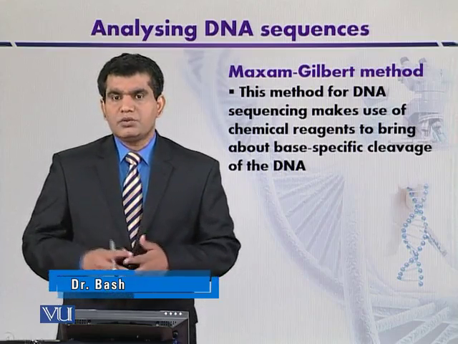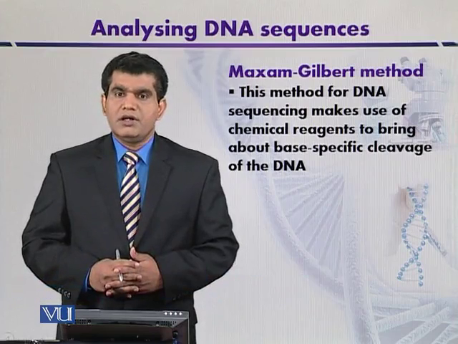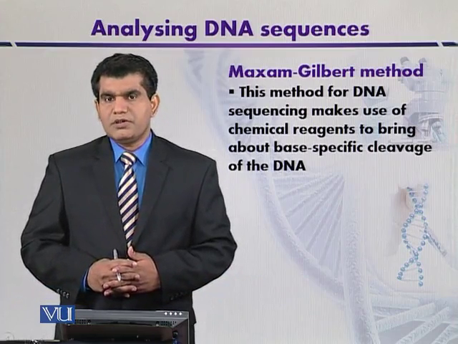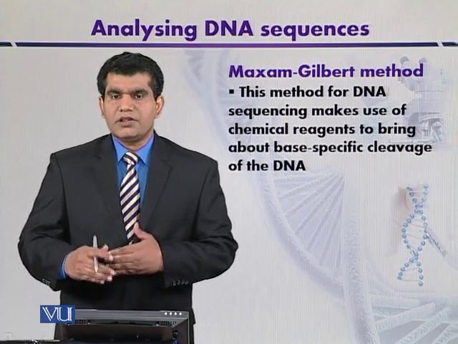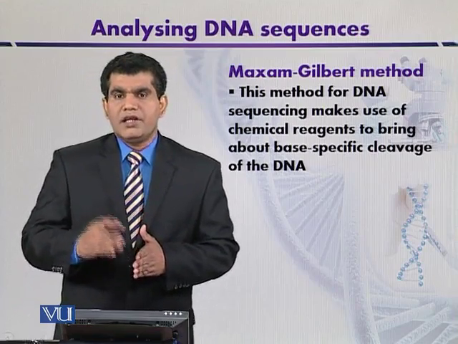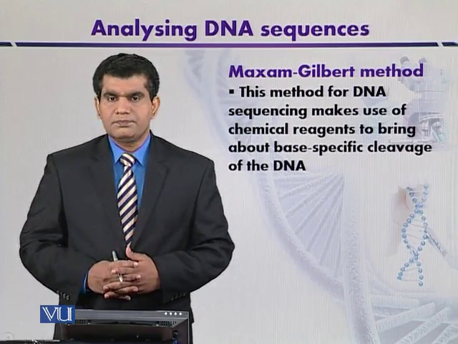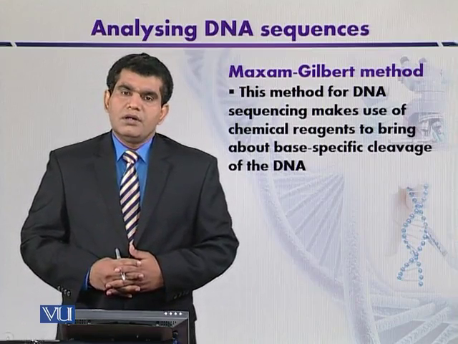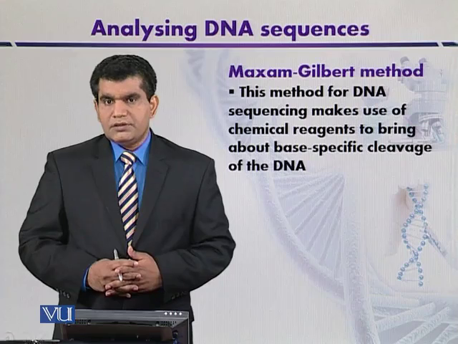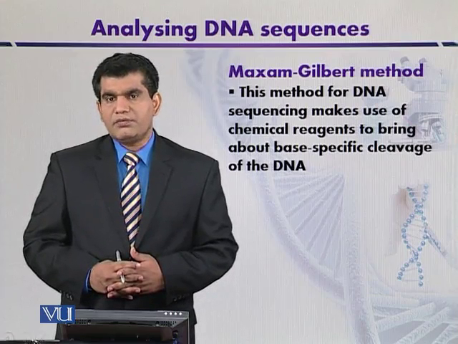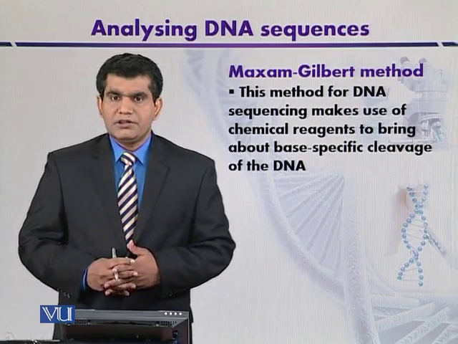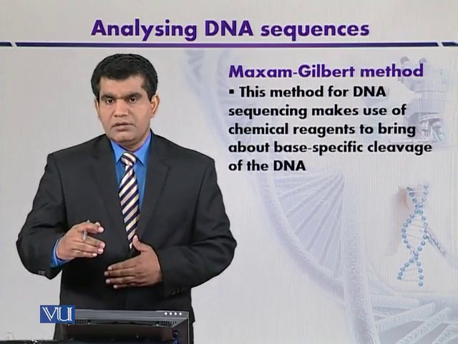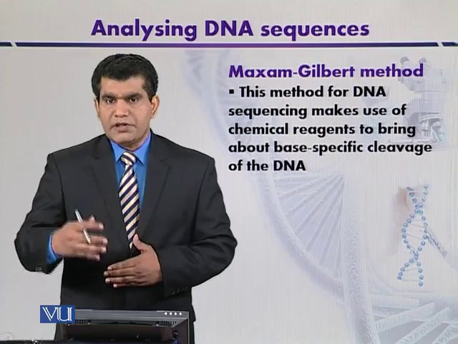This method was developed by Maxim and Gilbert around 1977, although it was soon replaced by another advanced method. In the Maxim and Gilbert method, the starting DNA fragment may be a restriction DNA fragment or any target DNA which we want to sequence.